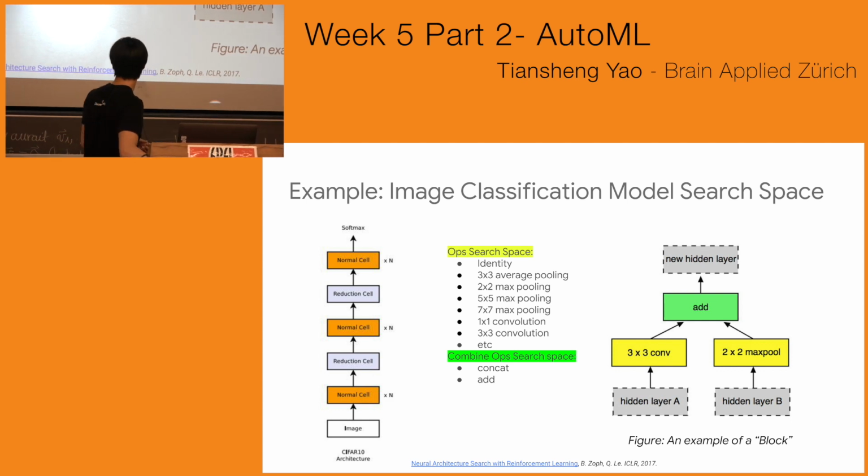So a hidden state can be the raw images if it is the first cell in the normal cell, or for the reduction cell, it could be the previous normal cell or the previous two normal cells. Each layer's activations are called a hidden state. Is it clear?